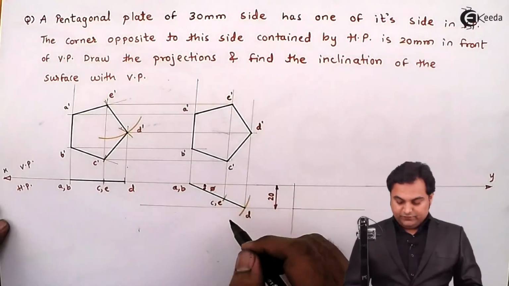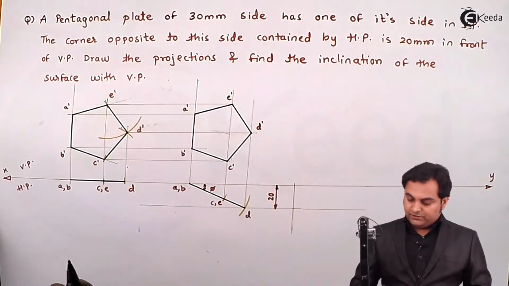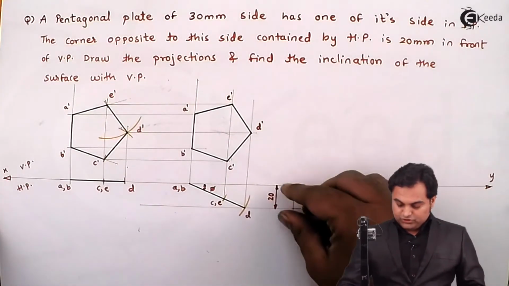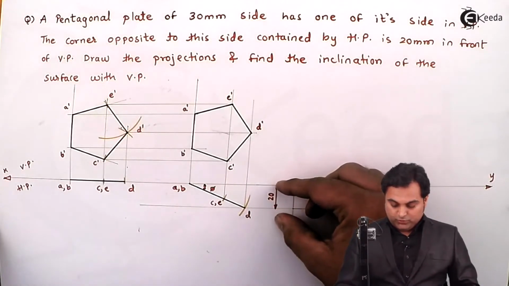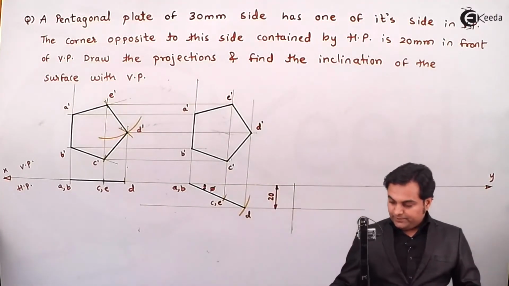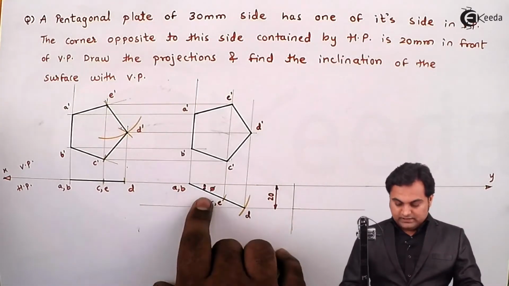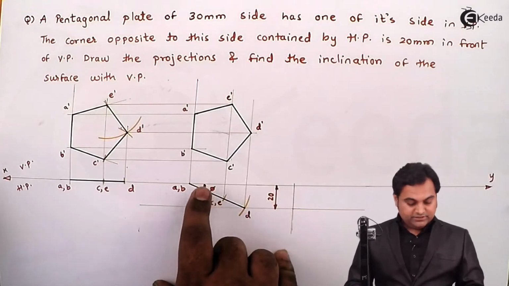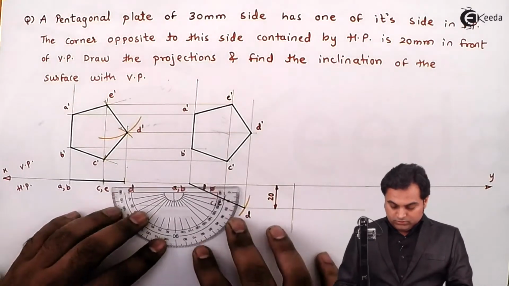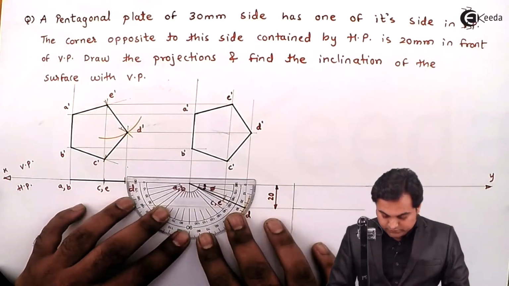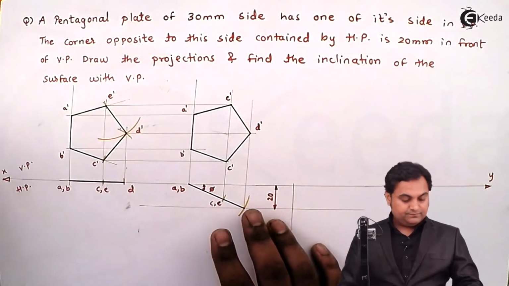So here is the front view and this is the top view of this pentagonal plate, which is 20 mm in front of VP seen in HP, that is point D. Next, I'll have to measure the angle here, this angle phi, which is not given. It comes out to be 25 degree.